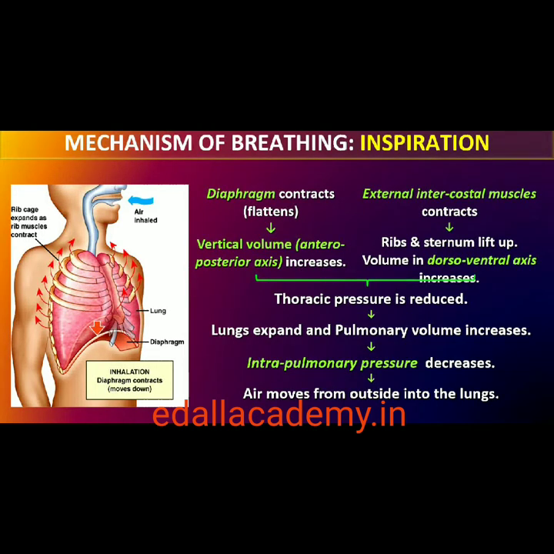The contraction of external intercostal muscles lifts up the ribs and the sternum, causing an increase in the volume of the thoracic chamber in the dorsoventral axis. The overall increase in the thoracic volume causes a similar increase in pulmonary volume. An increase in pulmonary volume decreases the intrapulmonary pressure to less than the atmospheric pressure, which forces the air from outside to move into the lungs, that is, inspiration.